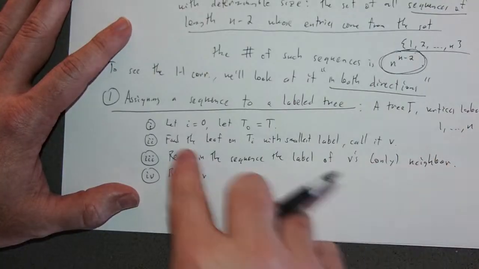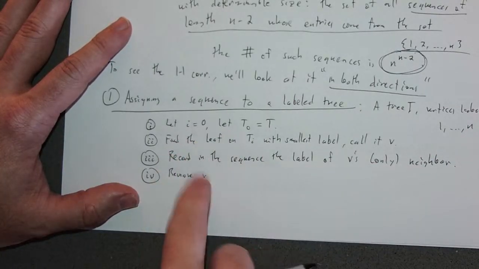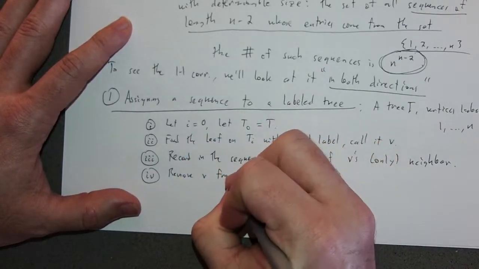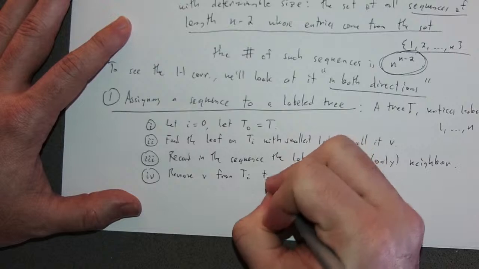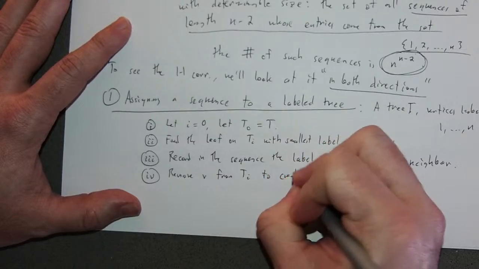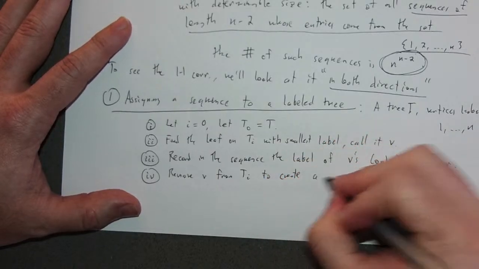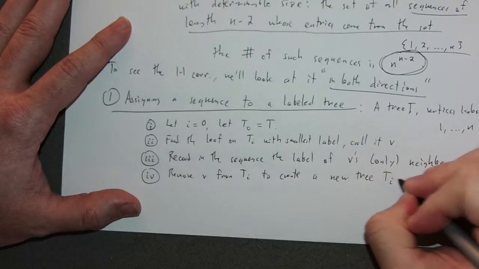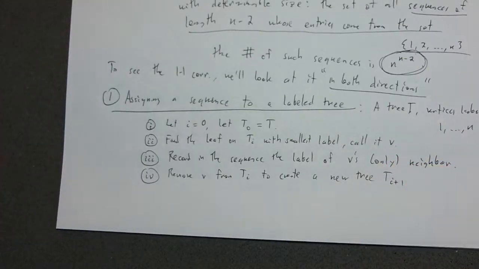And now I'm going to iterate this process. So remove v from T sub i to create a new tree, T sub i plus 1. This is how we get our next tree in the process.